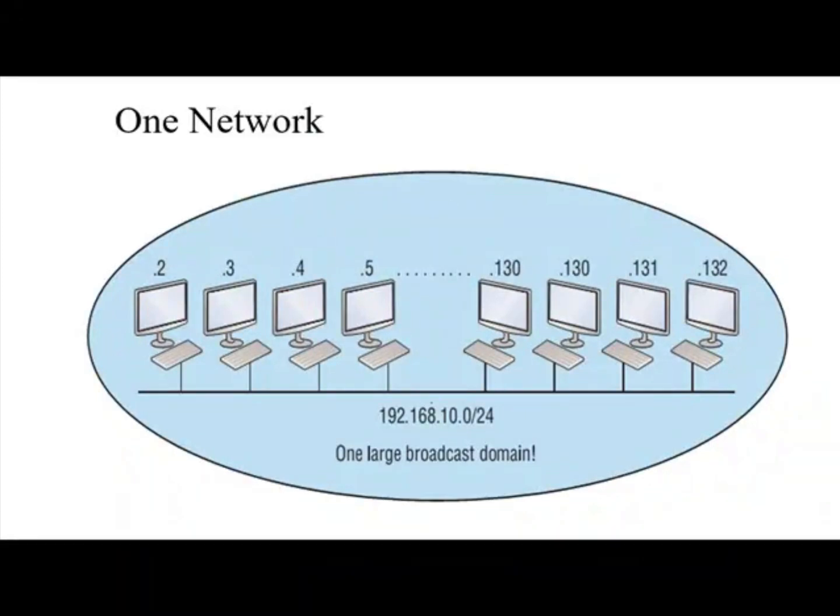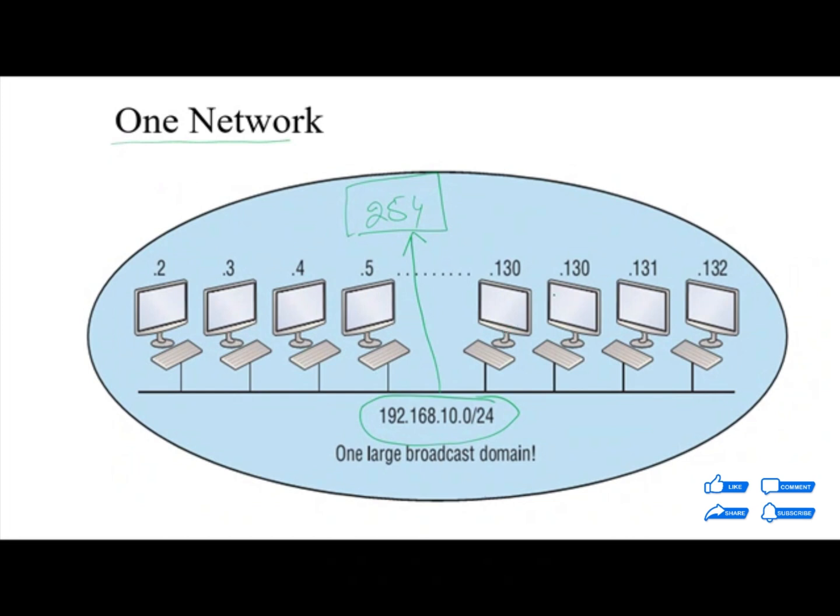So think of, as we were discussing, that in this network we can have 254 computers that can be connected while using this IP address. So again, it is one network and still it can work pretty well.